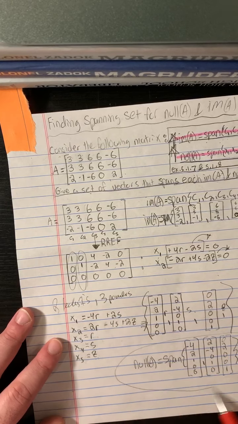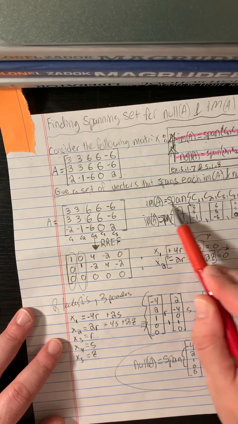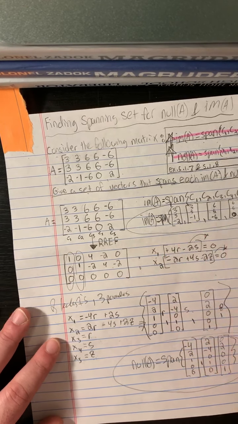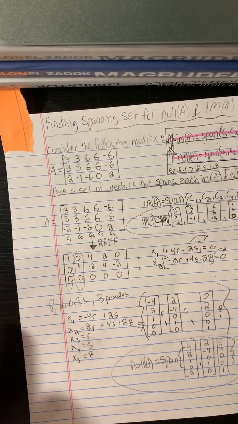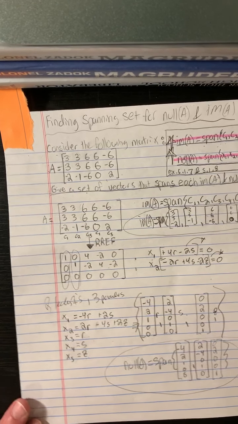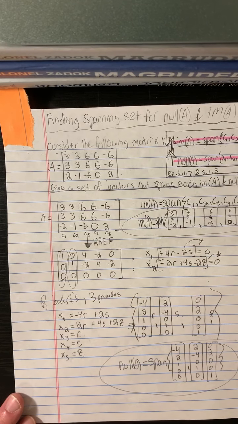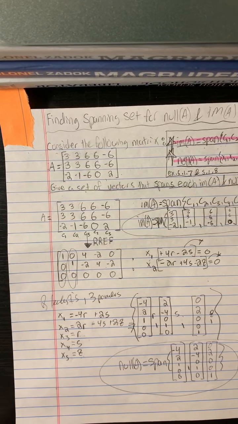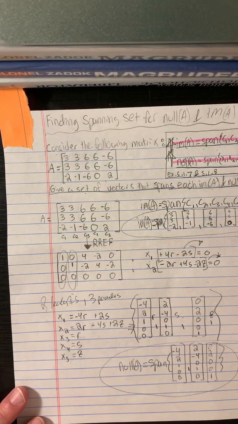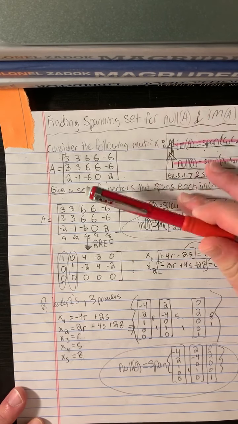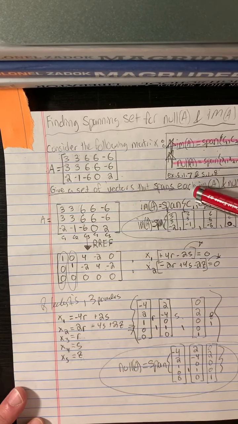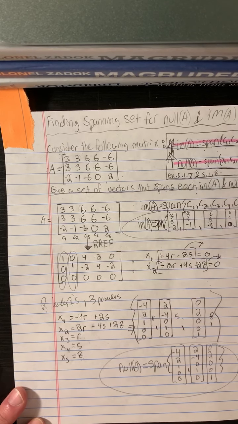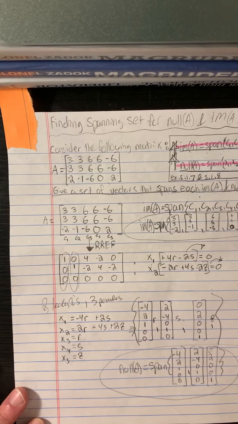And now we have found the spanning sets for the image space and the null space of matrix A. Just to recap the process we used, we followed the two definitions established in examples 5.1.7 and 5.1.8 of the textbook.